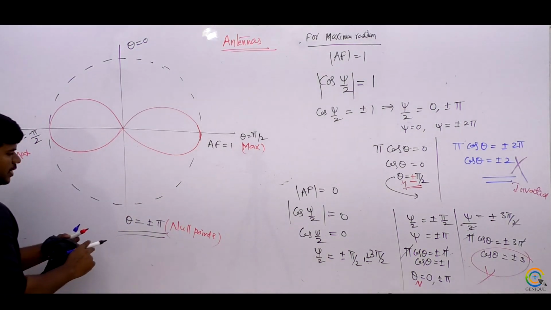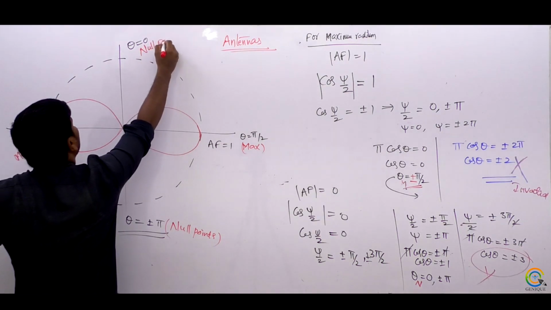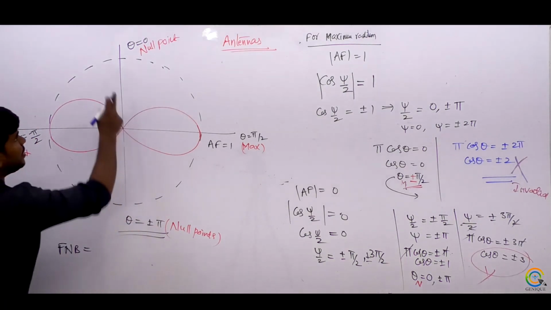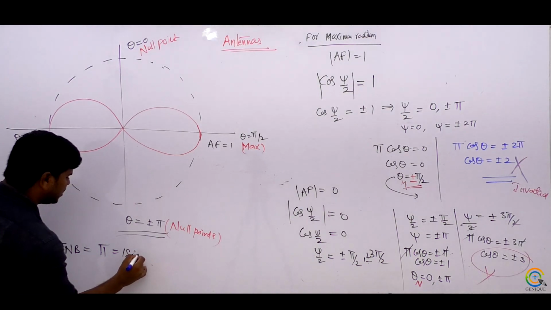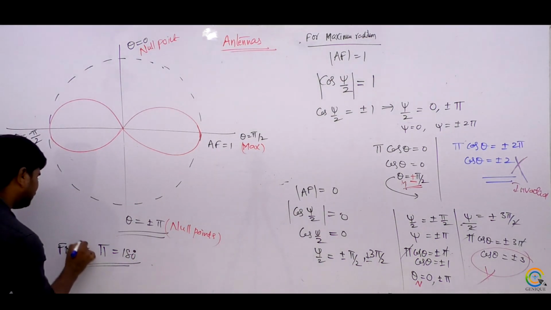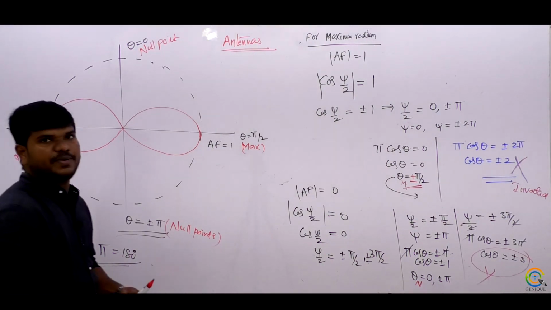What is the difference between the two null points? This is also a null point, right? In this direction there is no radiation. So here pi minus 0, it is pi. So it is 180 degrees, the first null beam width or full null beam width. So this is pi.